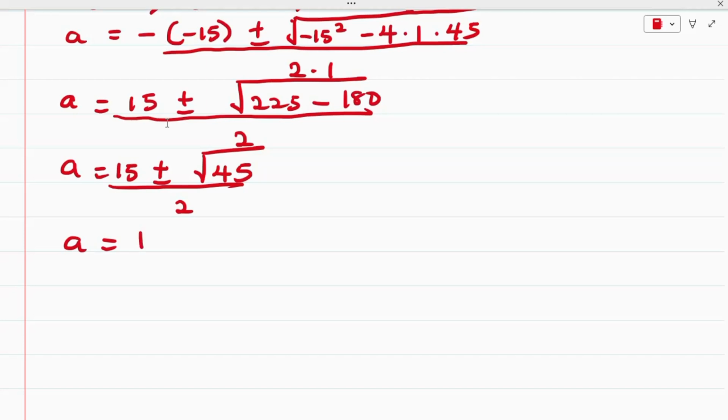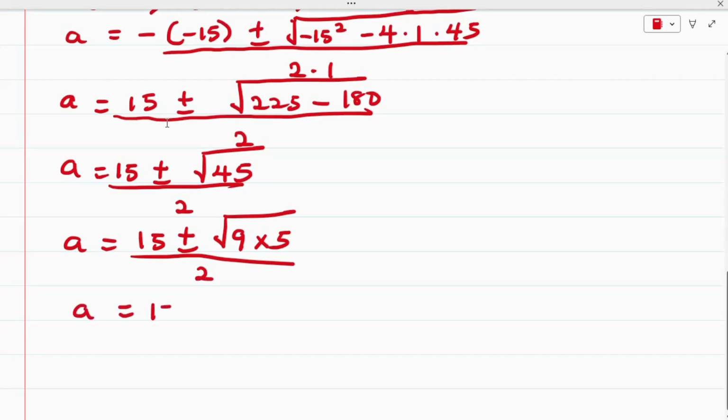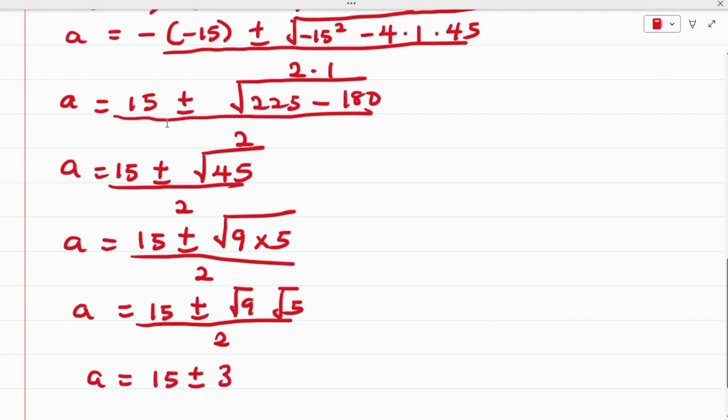And a is equals to 15 plus or minus, now 45 is known as 9 times 5, over 2. So a is equals to 15 plus or minus the root of 9 multiply the root of 5 over 2. So a is equals to 15 plus or minus the root of 9 is 3 root 5 over 2.